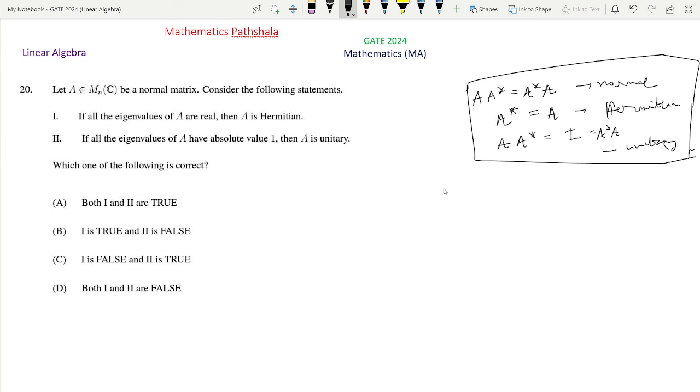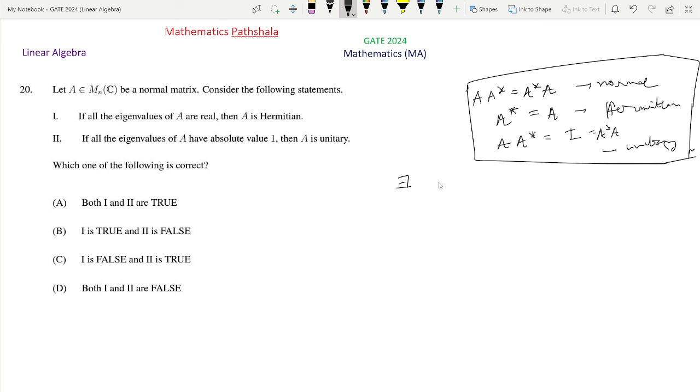So we are given that all the eigenvalues of A are real. And also we are given that A is a normal matrix, and there is a standard result that A is normal if and only if it is diagonalizable, that is, there exists an orthonormal basis. Sorry, no need to be orthonormal.